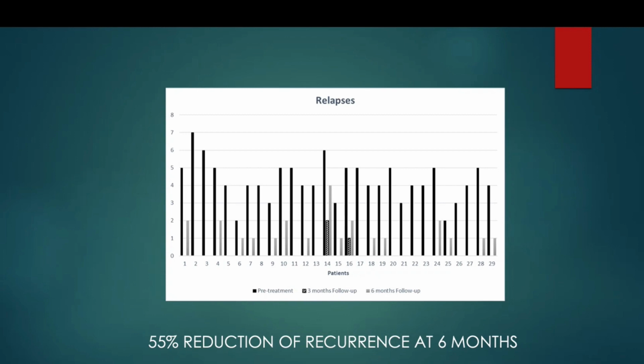Another problem is recurrence, and it's very important for me to reduce infection after 3, 6, or 12 months. We know that in 55% of cases we can reduce recurrence at 6 months.